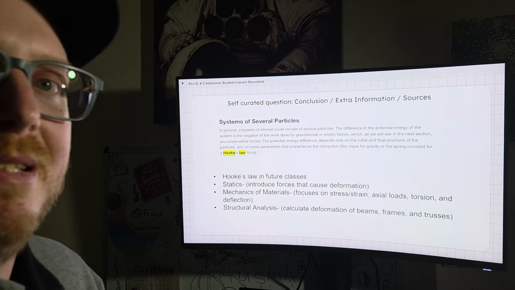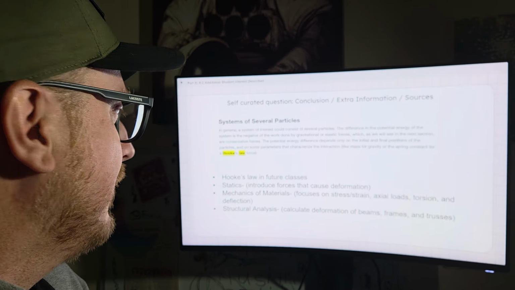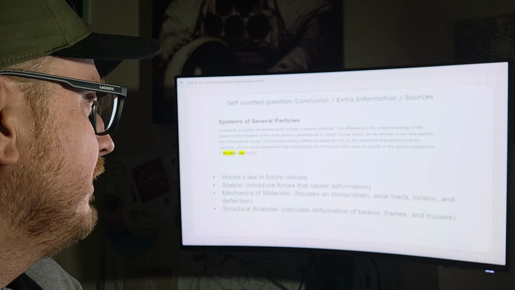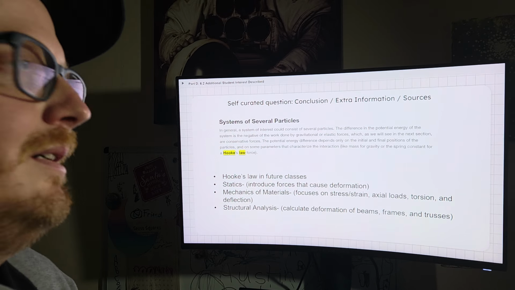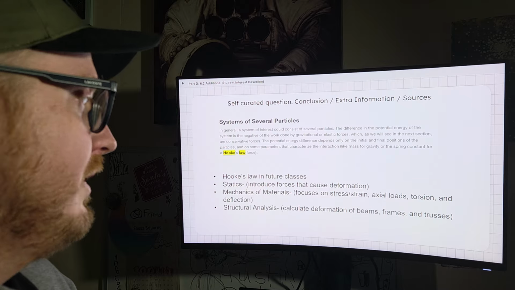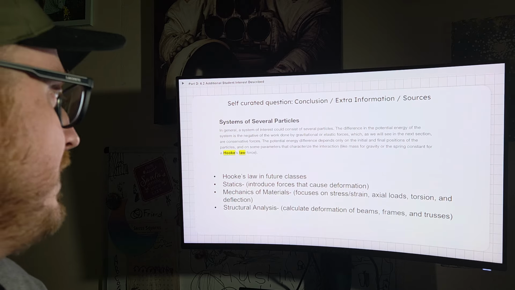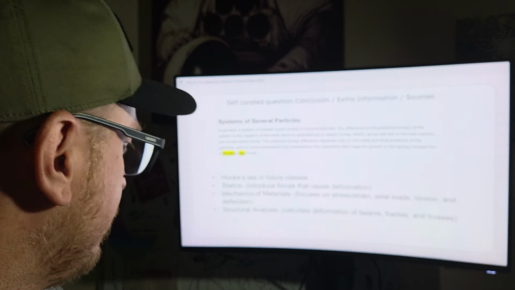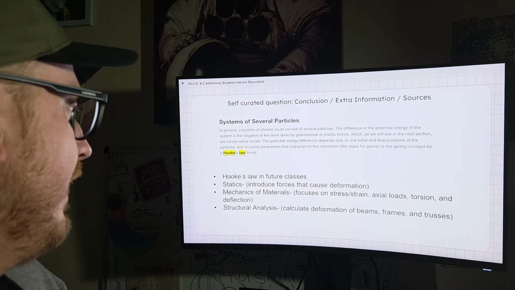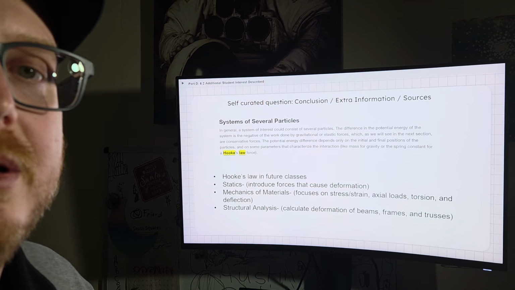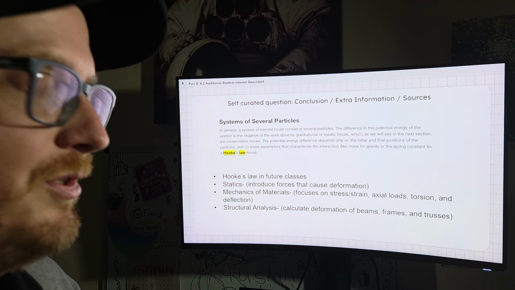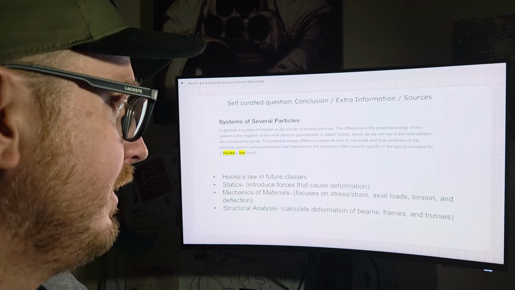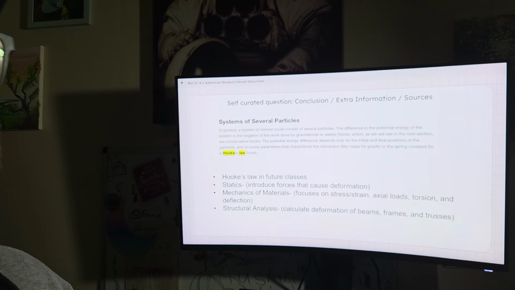That's all going to be classes that I'm going to have to participate in that cover a wide range of material science. It's going to introduce any of the forces that cause deformation. It's going to talk about stress strain, axial loads, torsion, deflection. And then, the analysis part is really important factor in engineering to calculate deformation of beams, frames, and trusses.